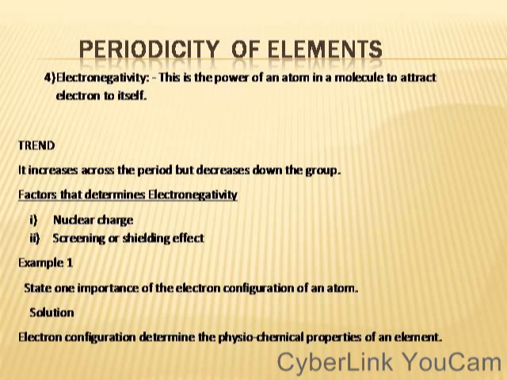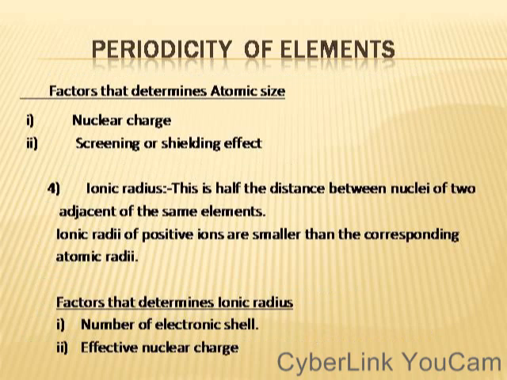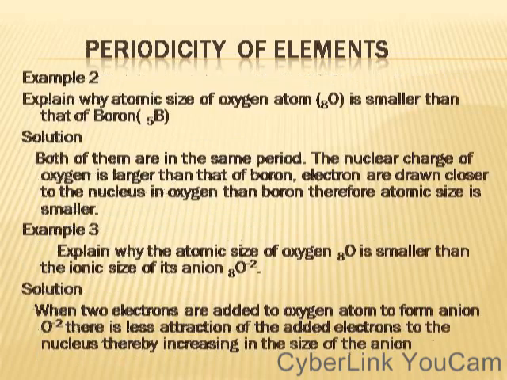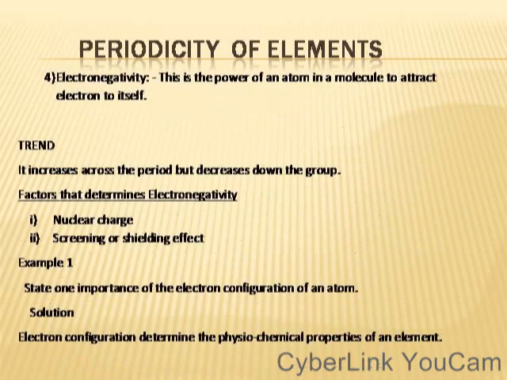Now the next thing we are going to be looking at is the questions, the examples that we have stated. One of these is: state the importance of electronic configuration.